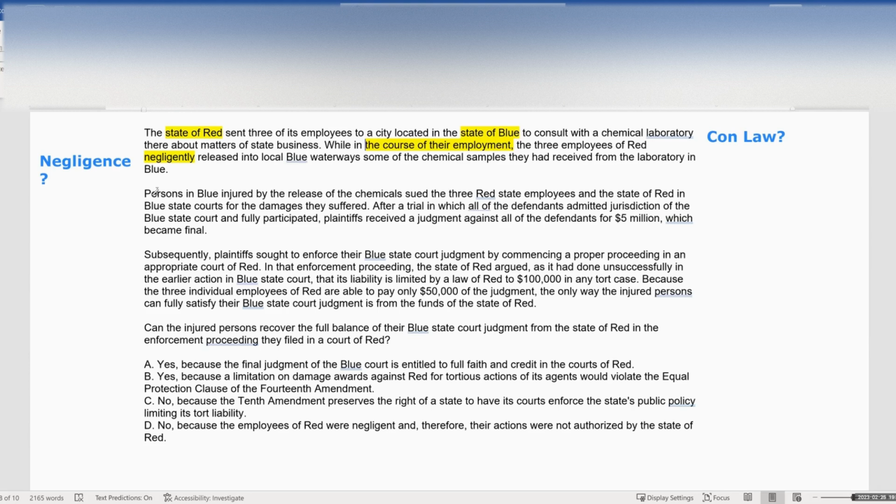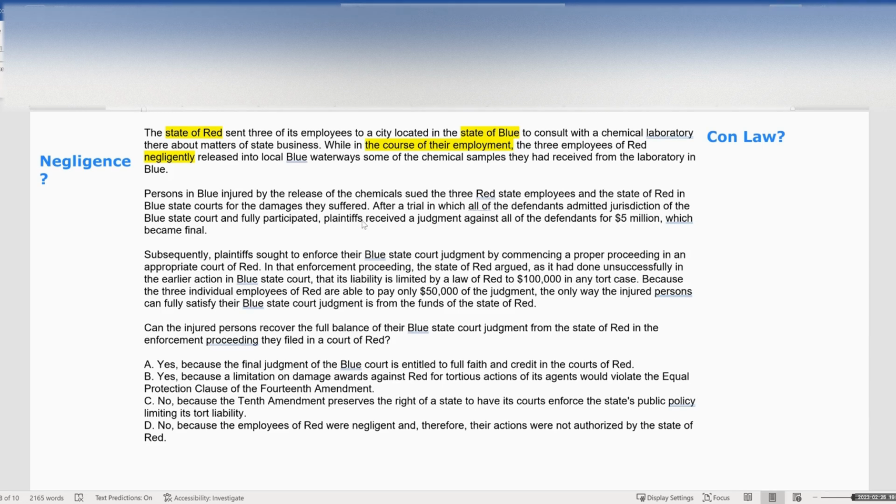Persons in blue injured by the release of the chemical sue the 3 red state employees and the state of red in blue state courts for the damages they suffered. After a trial in which all of the defendants admitted jurisdiction of the blue state court and fully participated, plaintiffs received a judgment against all of the defendants for $5 million, which became final.